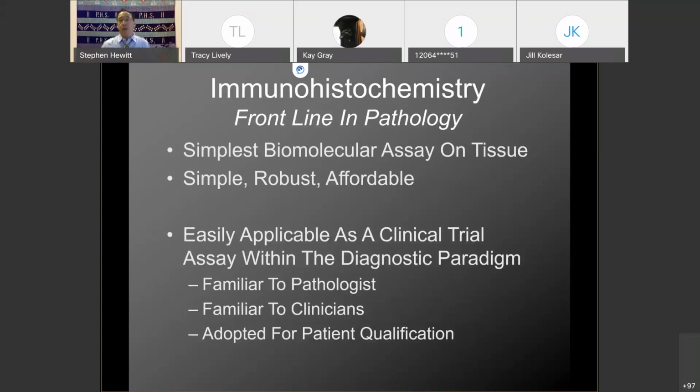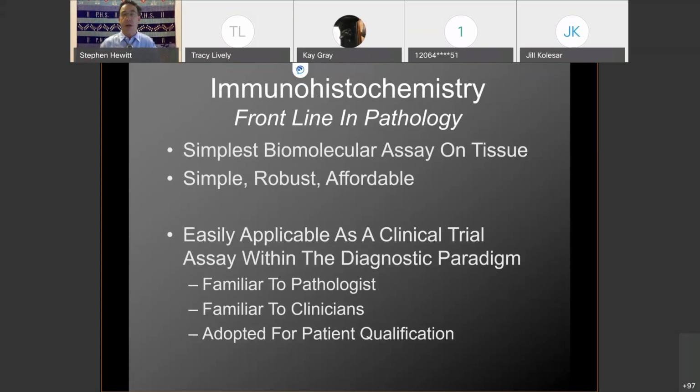So I'm going to be speaking about immunohistochemistry, and this really remains the front line of pathology diagnostics in the biomarker field. Histomorphology is still a critical tool, and we use it to categorize tumors, but increasingly we're using immunohistochemistry to evaluate prognosis and predictive biomarkers. Molecular provides a substantial amount of information.